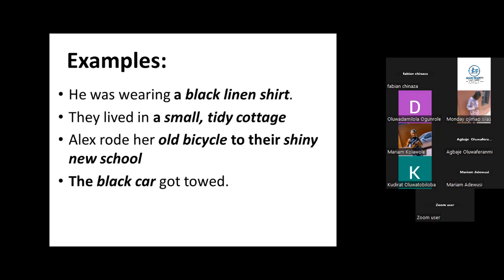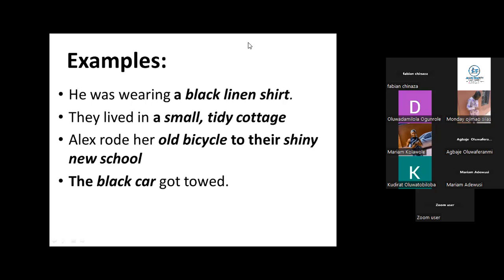Now, let's proceed. When we're talking about a noun phrase, there are some examples such that when you come across them in a sentence, it will seem like you don't know how to identify them. For every function that a noun can perform in a sentence, a noun phrase can also perform that.